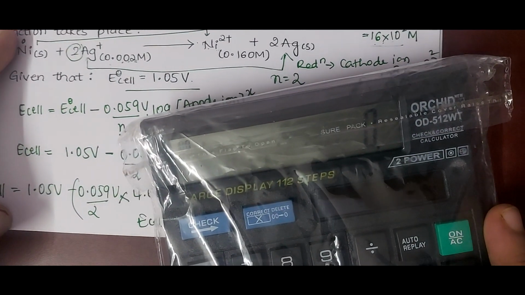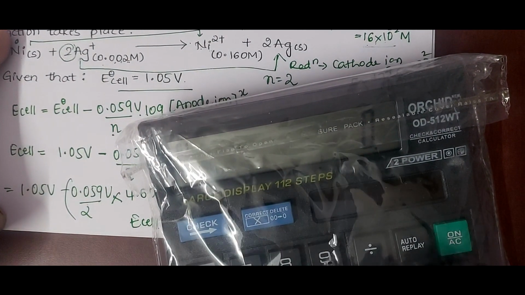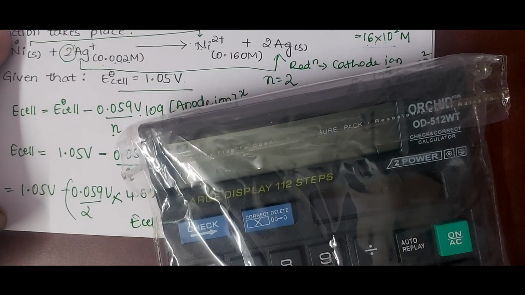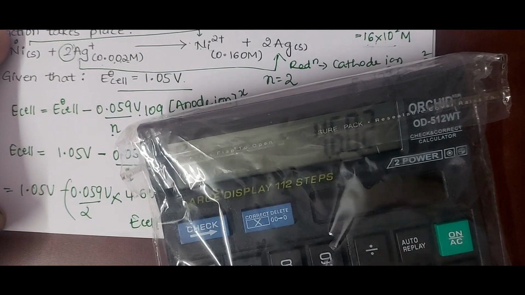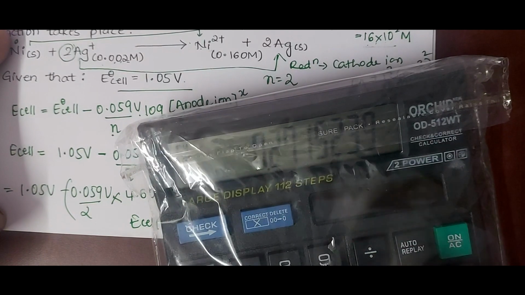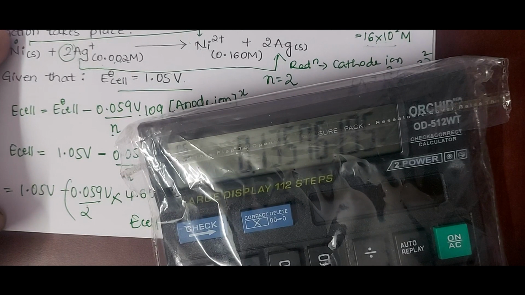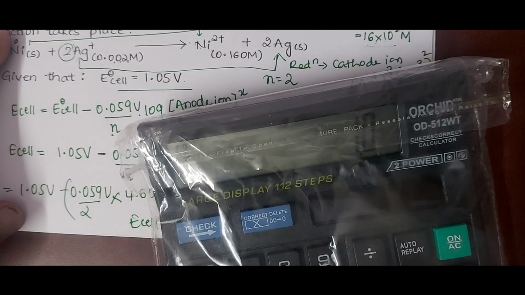So the term here is 0.059 into 4.6021 overall divided by 2. So you get it as 0.13576. Then here it is given minus 1.05.